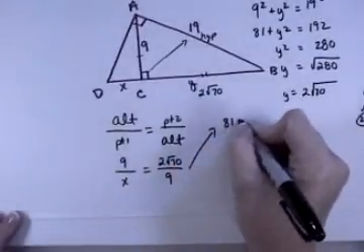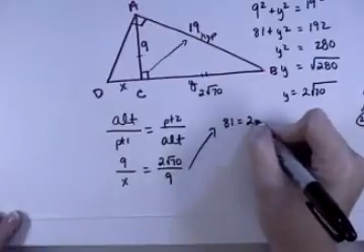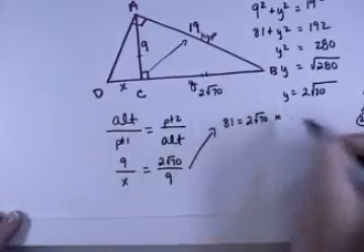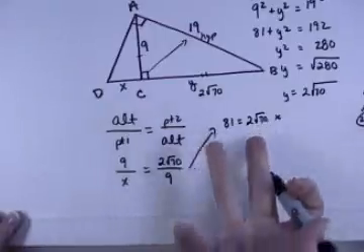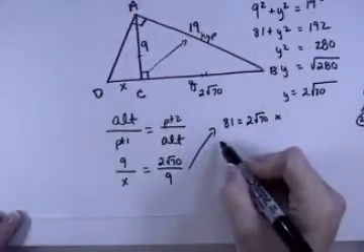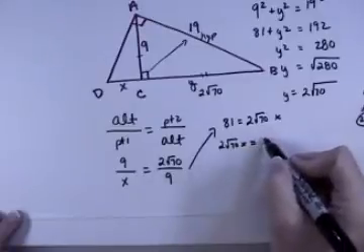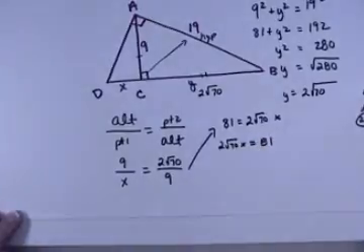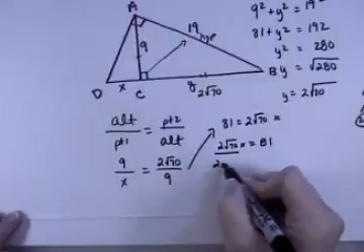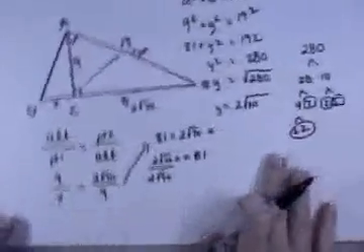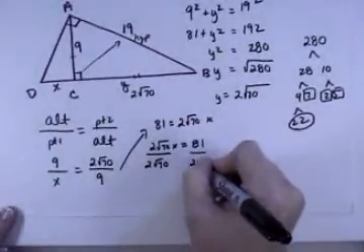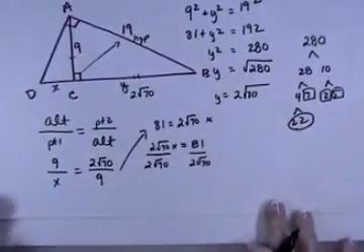So I get 81 equals 2 radical 70 x. I'm going to switch this. The symmetric property says I can make it look any way I want to in algebra, right? I can switch those sides to make it more comfortable. Why? Because I'm going to divide both sides by 2 radical 70, and I want to have enough space on my paper so I can finish the problem. And that's the way I like it.